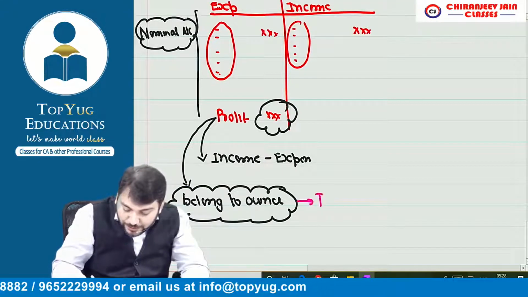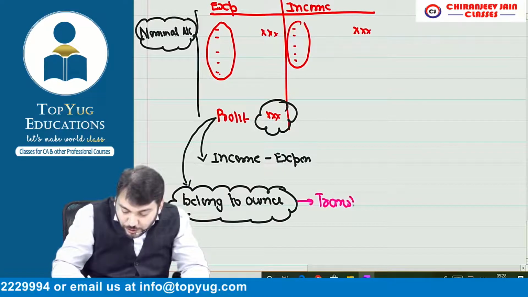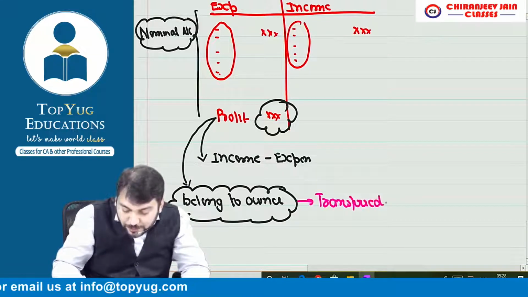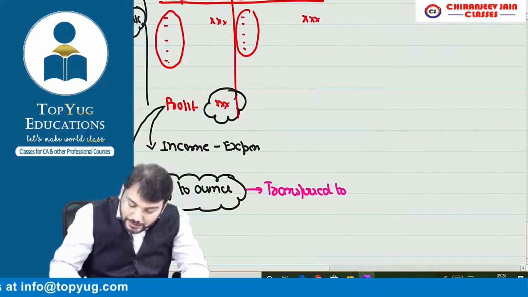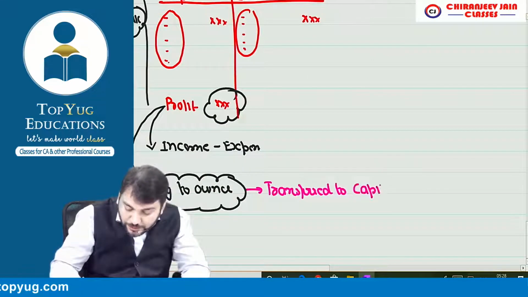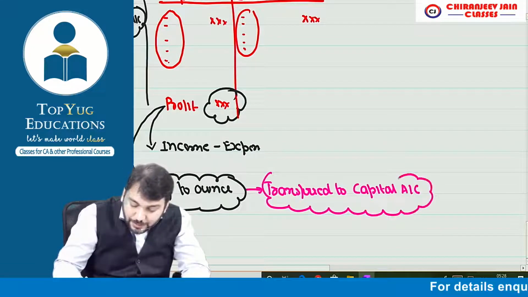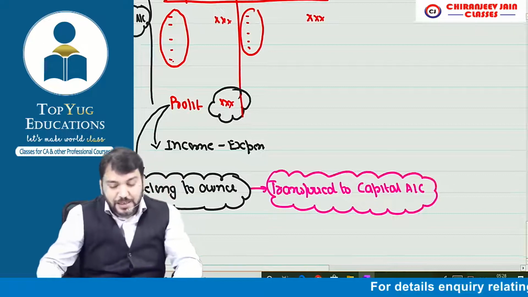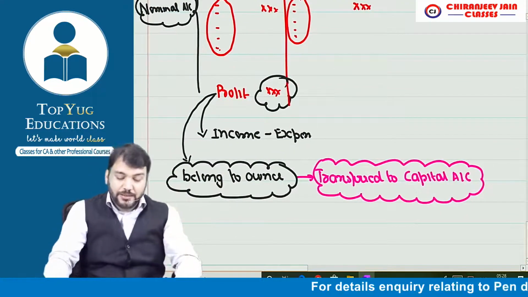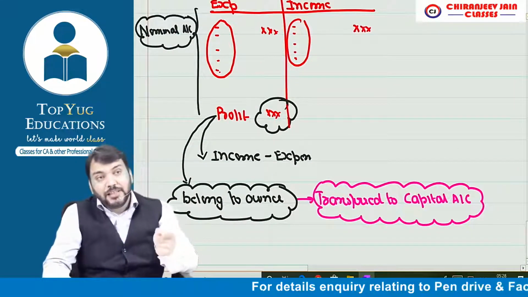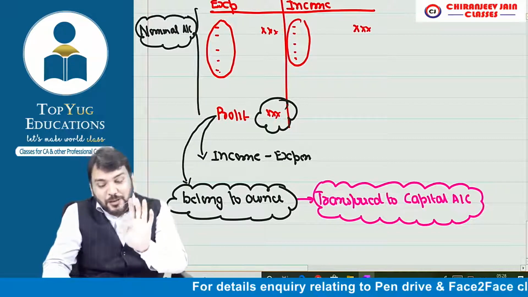Have you understood this point? This belongs to the owner. Therefore, it will be transferred to capital account. Have you understood this point? Correct? Understood?